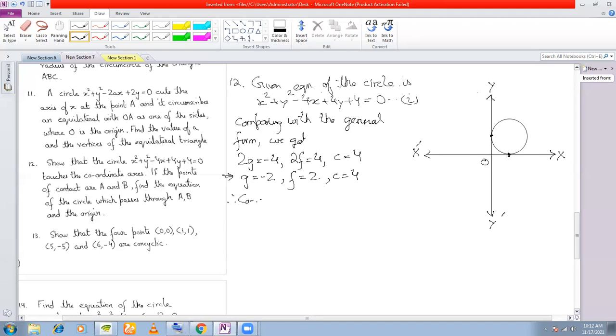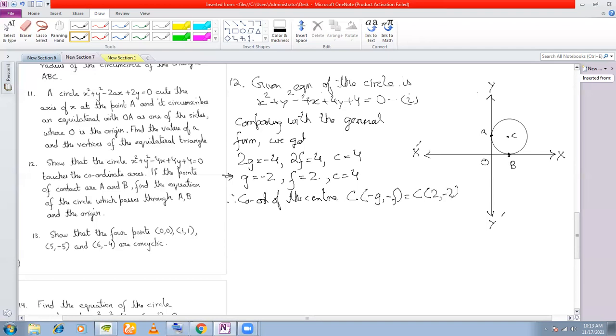Therefore, the coordinates of the center, let us say C, and let us call these 2 points A and B. Coordinates of the center is minus g, minus f, which is equal to, change the sign here, 2, minus 2.